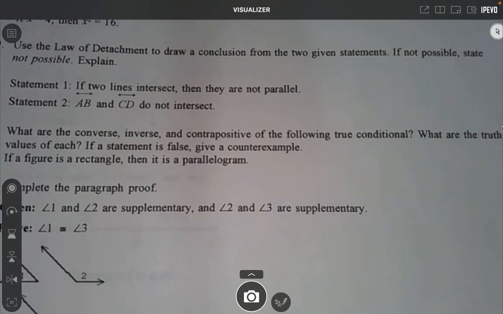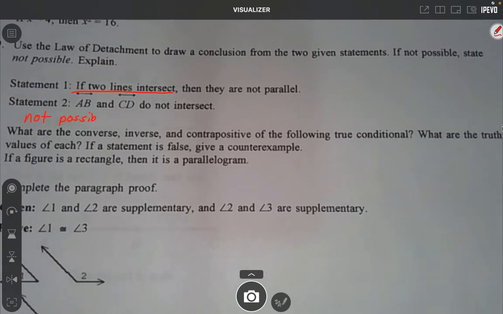Use the law of detachment to draw a conclusion from these statements. If it's not possible, just put not possible and explain. If two lines intersect, then they are not parallel. The law of detachment says the first parts have to be the same. This says if two lines intersect, so AB and CD would have to intersect. They don't, so you would say not possible.